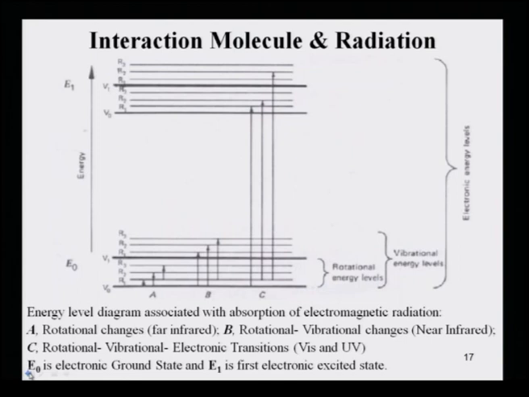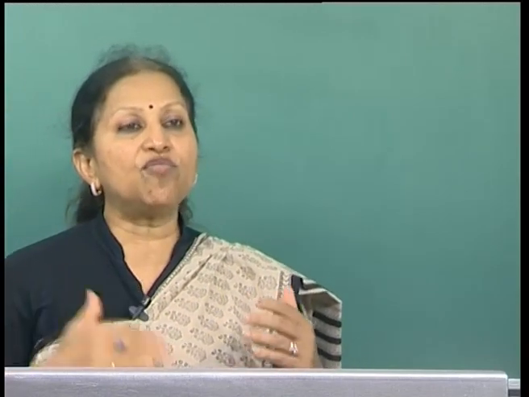So, you can get a relative idea of the energy contents, whether IR energy is stronger than UV energy. The immediate answer is that IR energies only cause rotation or vibration, so they are smaller in their energy content, whereas UV light excites the electron from one orbital to another, and therefore it has larger energy content.